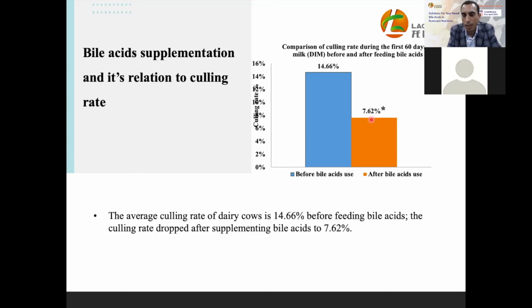The culling rate during the first 2 months, the voluntary waiting period, if we evaluate it based on fertility, an increasing culling rate during this time reflects the level of management, the management of nutrition and the whole management of the dairy farm. In a well-managed dairy farm, this level is lower, less than 1%. Okay.